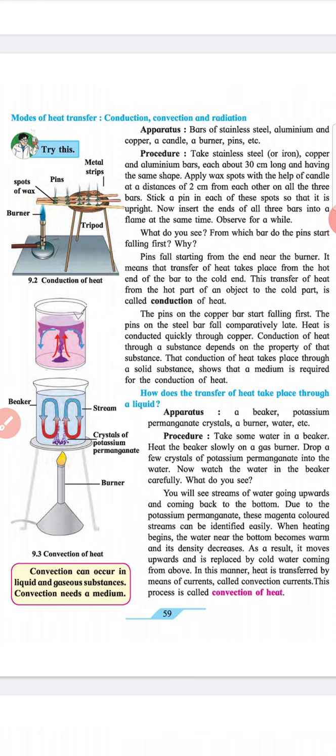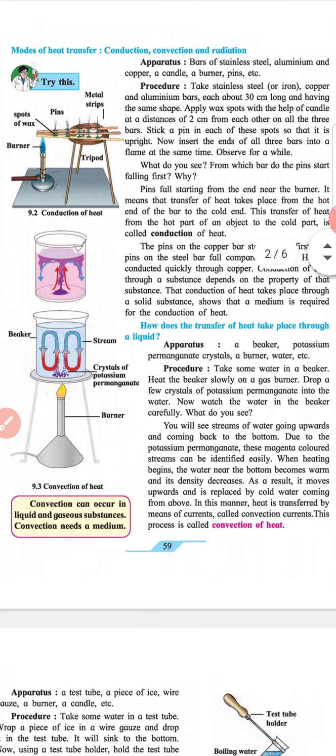Heat is conducted quickly through copper. Conduction of heat through a substance depends on the property of that substance. That conduction of heat takes place through a solid substance shows that a medium is required for the conduction of heat.